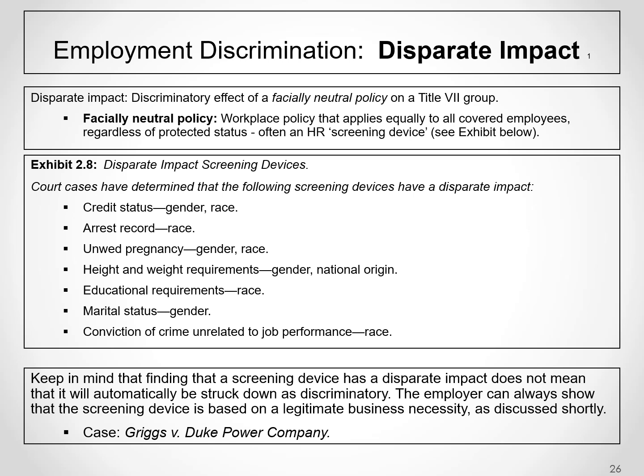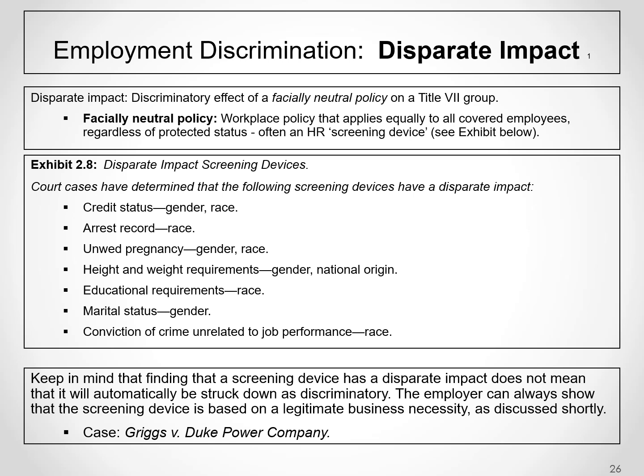So looking more at unintentional discrimination, we call that disparate impact discrimination. That's the discriminatory effect of something that looks neutral on its face but causes discrimination against someone in one of these Title VII protected classes. The policy in and of itself doesn't seem to be discriminatory in nature, but the result is discriminatory action.